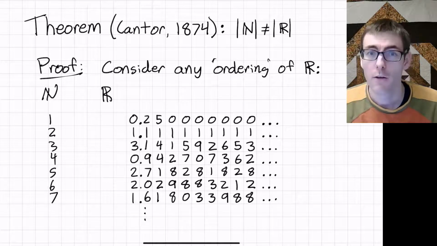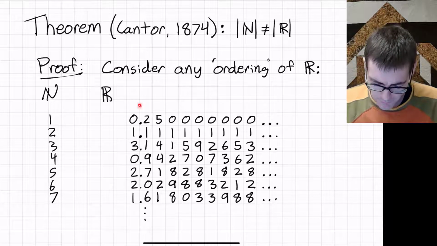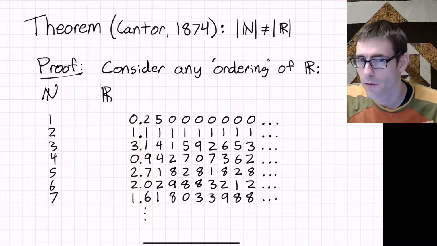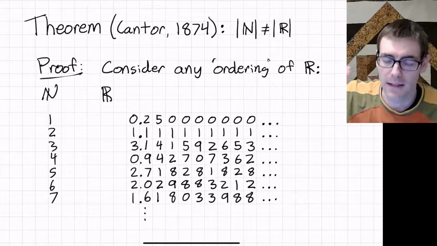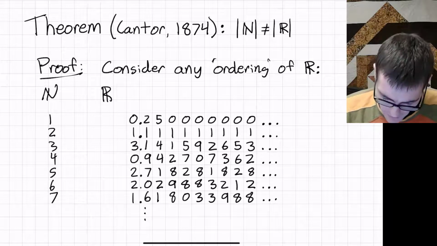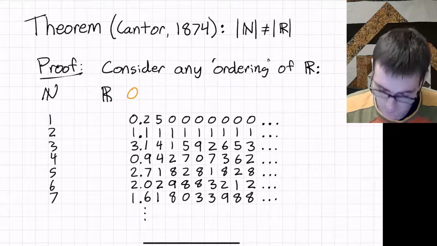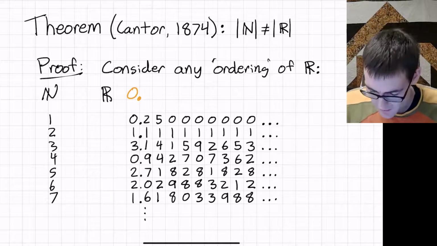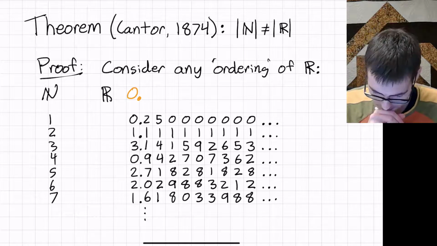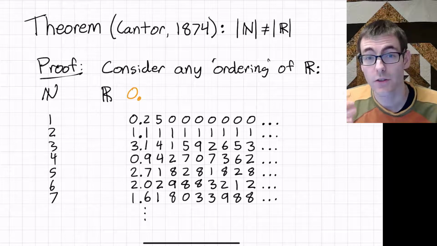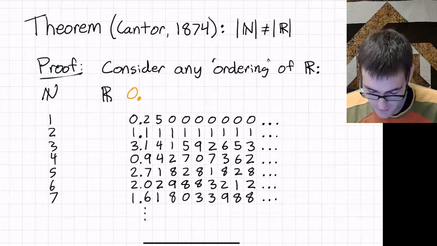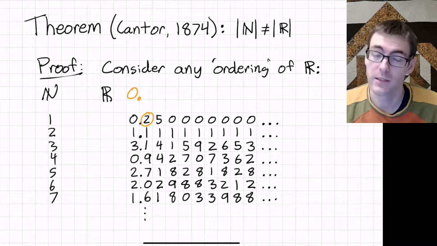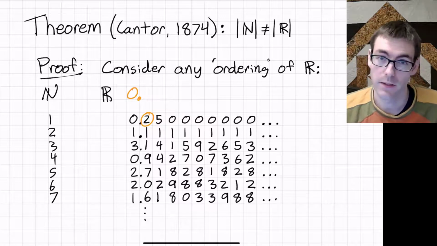First off, I don't care about anything before the decimal point. We're only working with the component of the number that comes after it. So let's go ahead and start off with a 0. So 0 point something, and we're going to come up with an element that is not on this list. To do this, let's choose a first digit that's different than the first digit of the first element in the list.